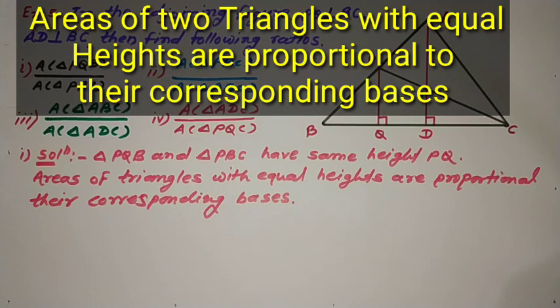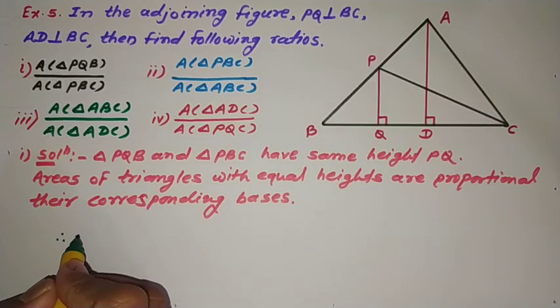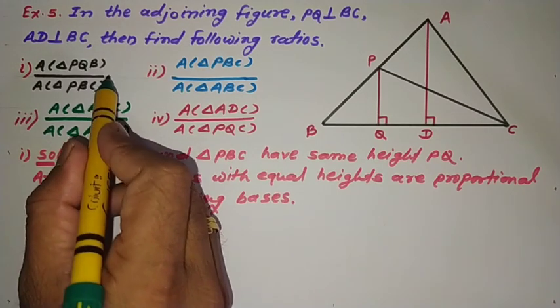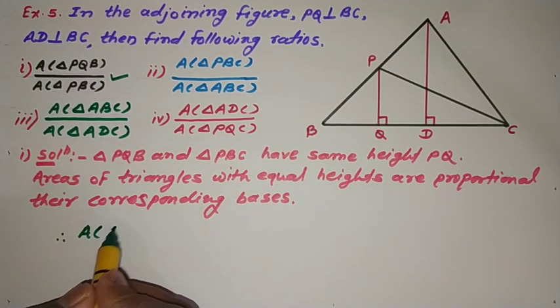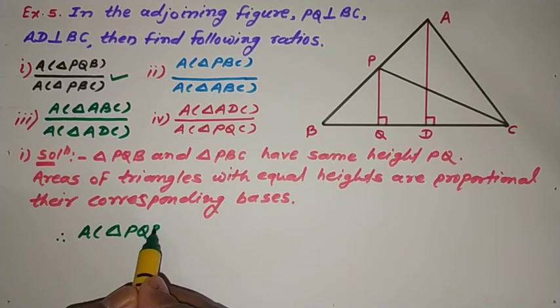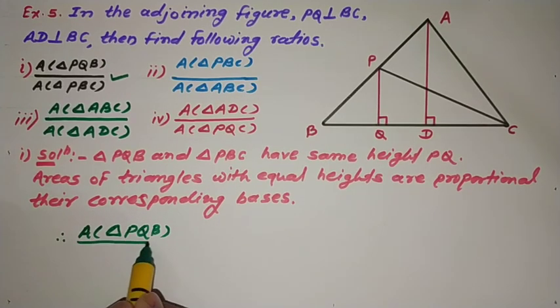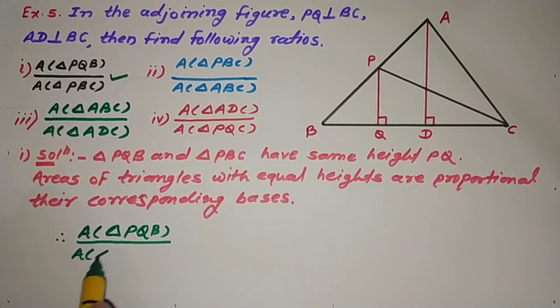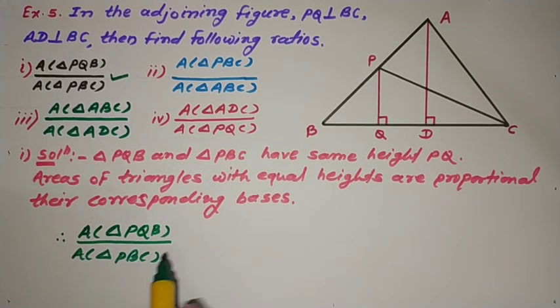Write down the area of triangle PQB upon the area of triangle PBC is equal to the ratio of the corresponding bases.